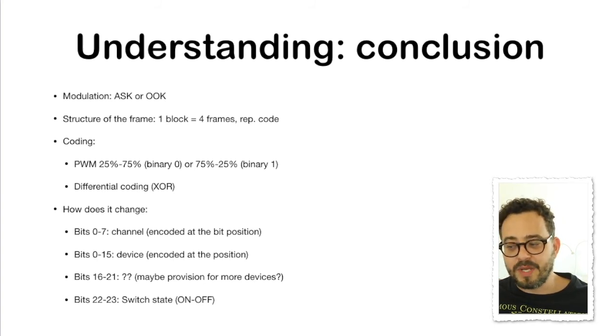Bits 16 to 21, we don't know. It could be a provision for more devices, up to 7 devices in the end, but we have absolutely no information about this because my remote control is not able to actuate any of these bits. And then bits 22, 23 are the switch state, but they're also, for the last packet, the signaling of the end of block.